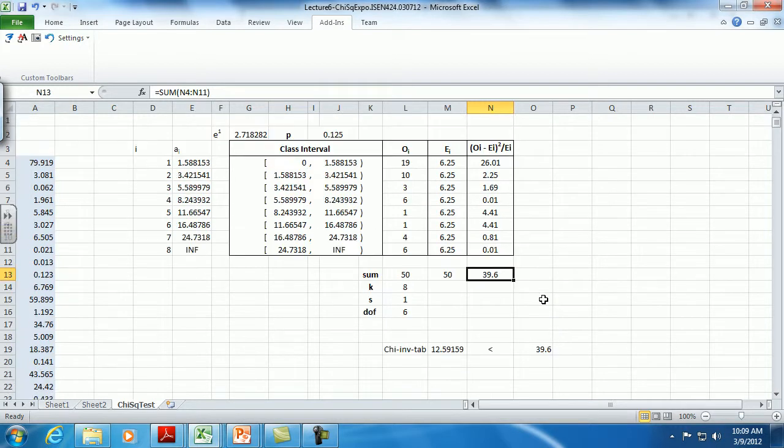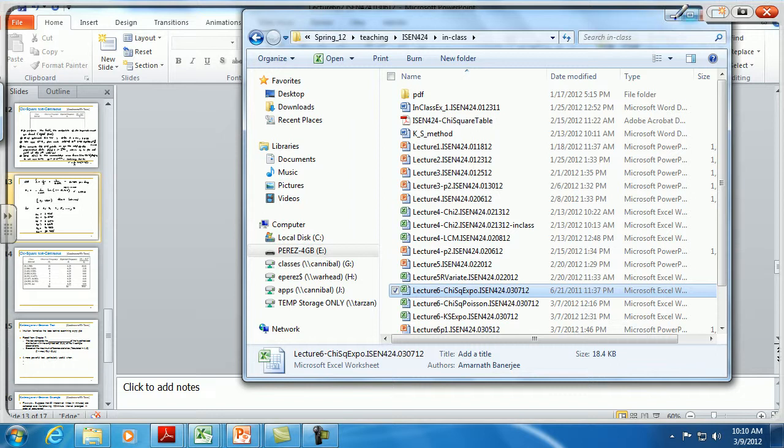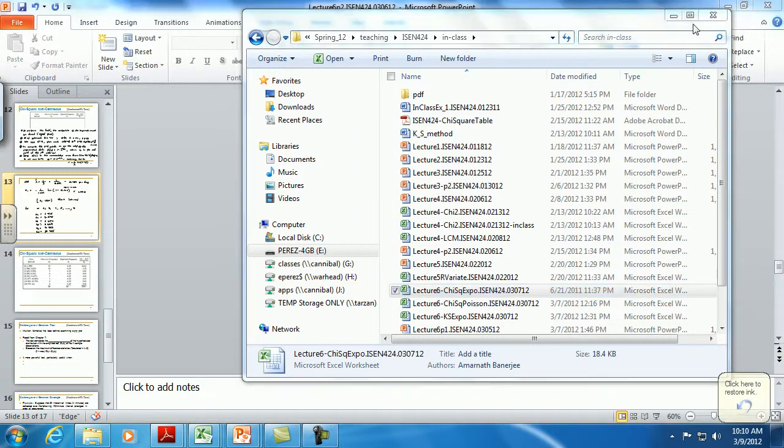By comparing that against the tabulated value, you can reject the null hypothesis because the observed value is greater than the tabulated value for the distribution. So in conclusion, this distribution does not follow an exponential distribution.